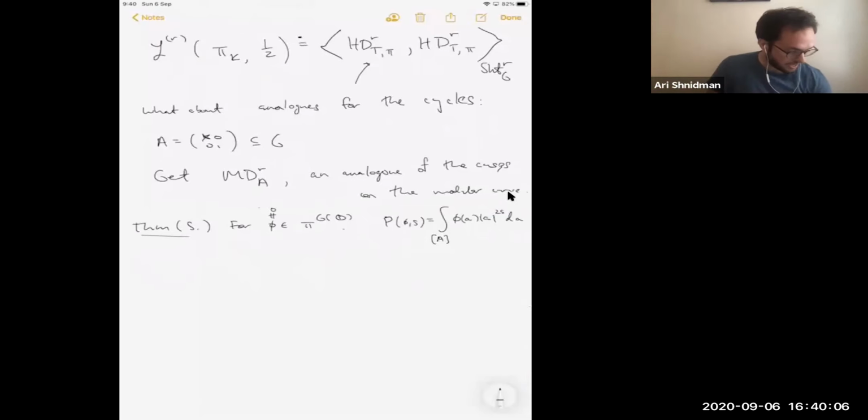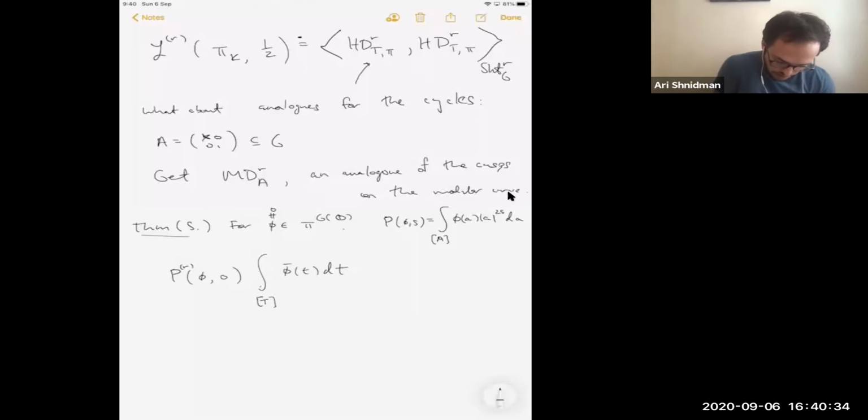And the theorem says it's going to relate the derivatives of this guy at 0, which is the same thing as plugging in the L function at 1/2, times the linear functional, the integral over the non-split torus. This is Waldspurger's period integral.